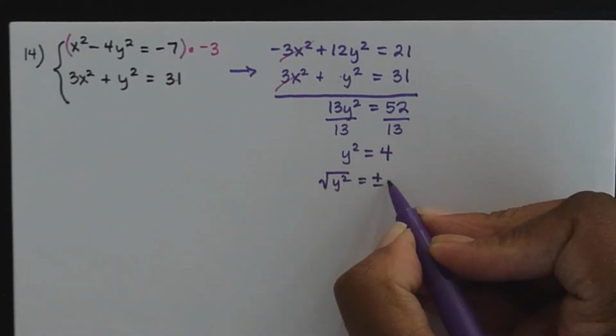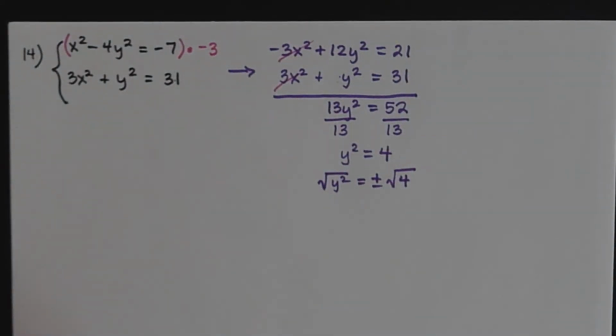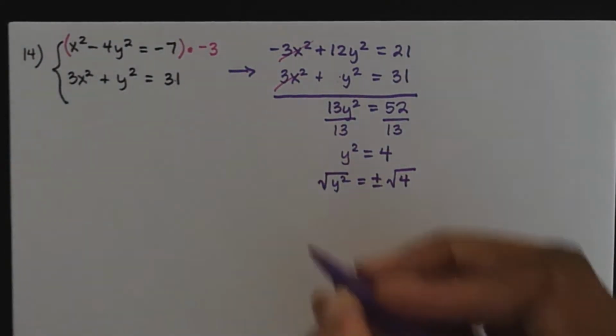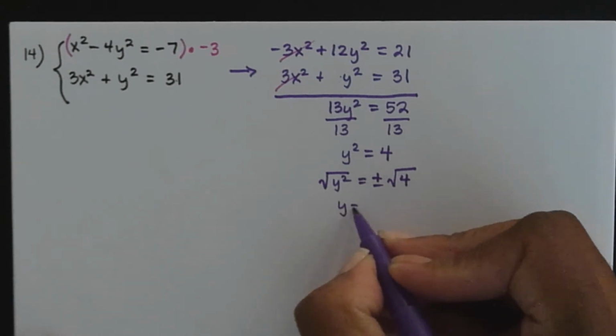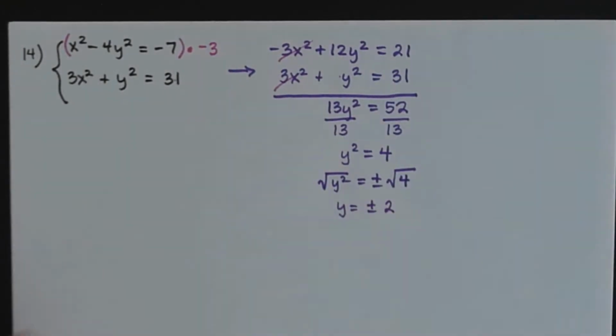Now when we do that, we always include plus or minus in it, okay? So y is equal to plus or minus the square root of 4, which is 2. So I have two y values, positive 2 and negative 2. And for each y value, I'm going to find out what x is.